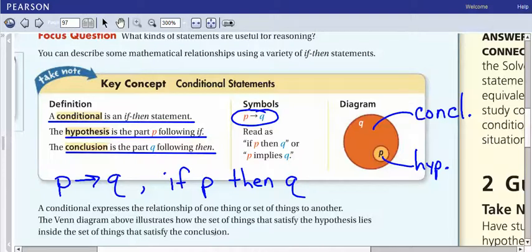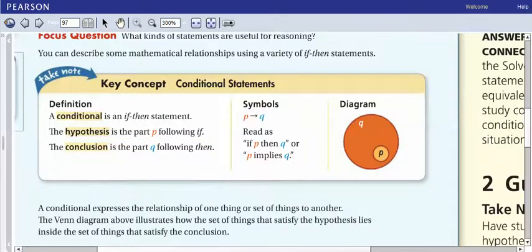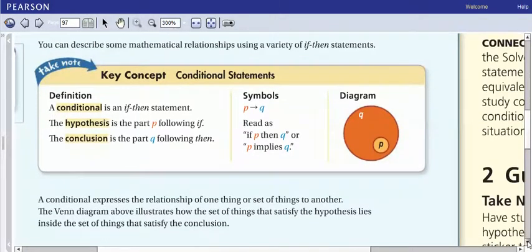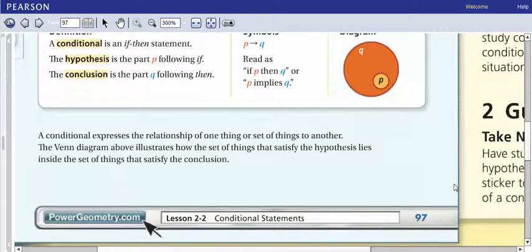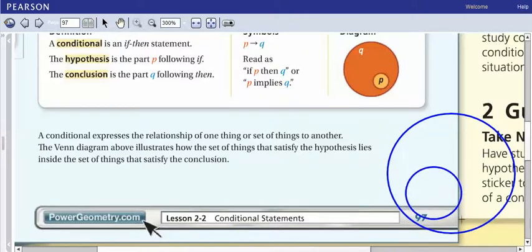So if we were going to work backwards, in this Venn diagram, what's the hypothesis? Green. What's the conclusion? Okay.